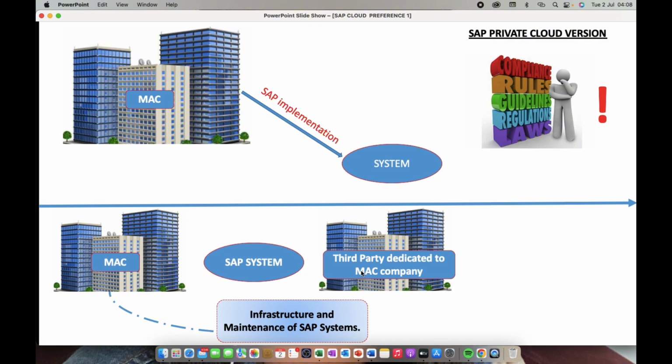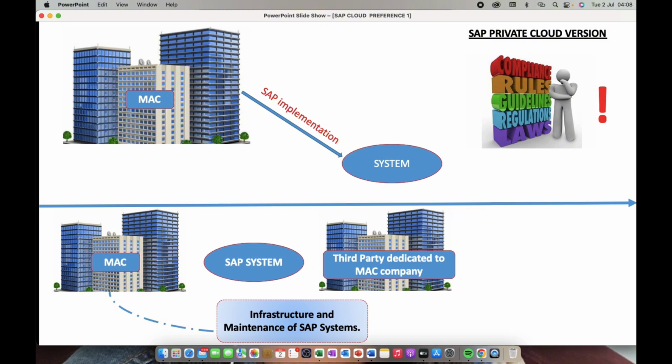It simply means my company has its own servers, storage equipment, and network equipment, stationed here at Mac company and managed by our IT team. Or we have a third party dedicated to Mac company that has these servers, storage, and network equipment just for Mac company.